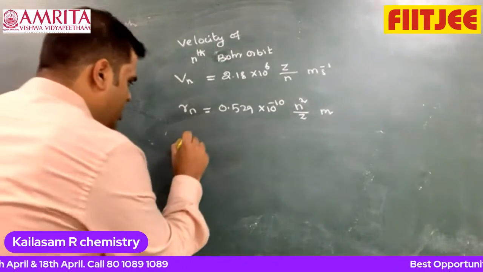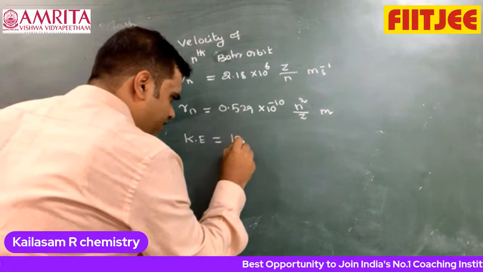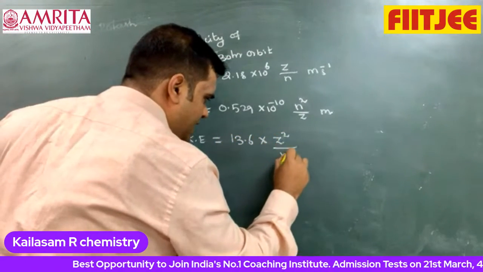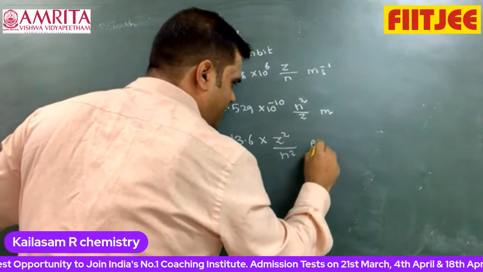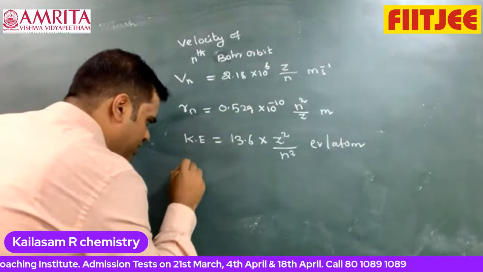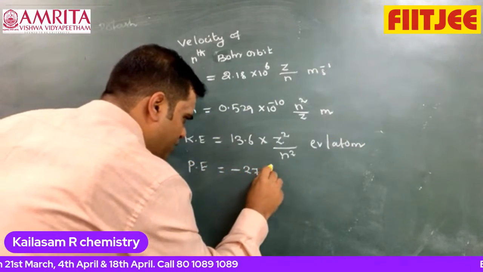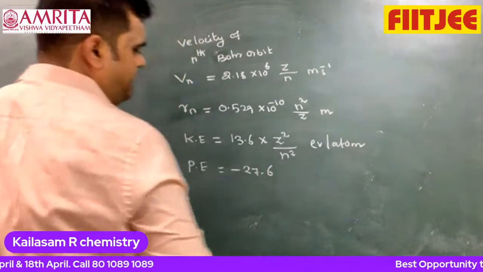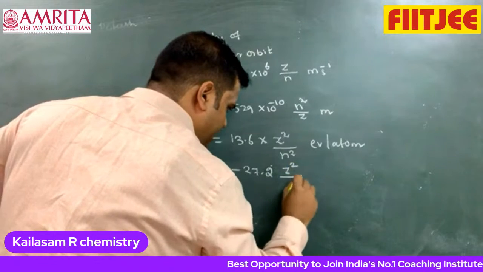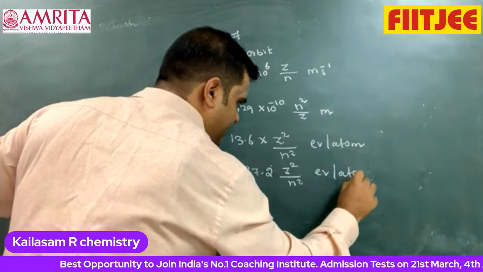Now, very important, the kinetic energy of the nth Bohr orbit. I can write 13.6 into Z squared by n squared in terms of electron volt per atom. Now, the potential energy, I can write minus 27.2 Z squared by n squared in terms of electron volt per atom.